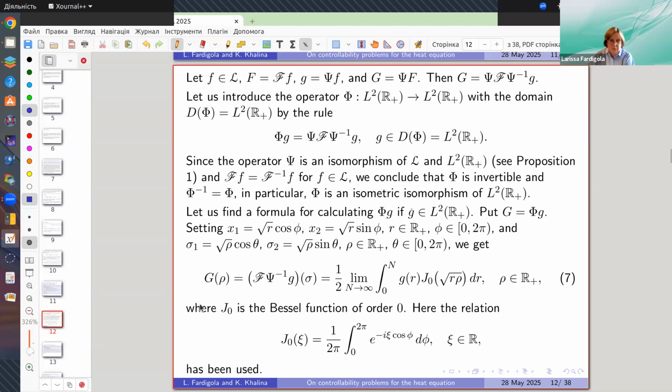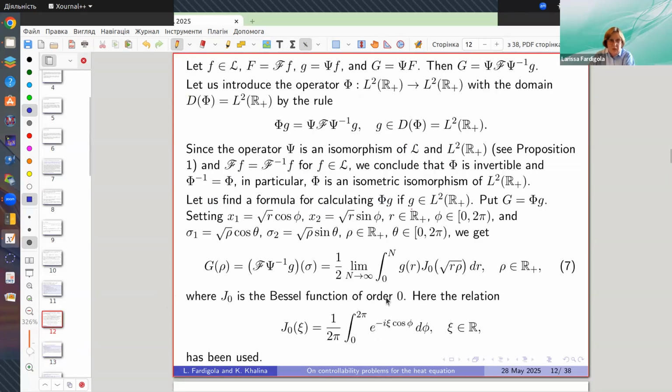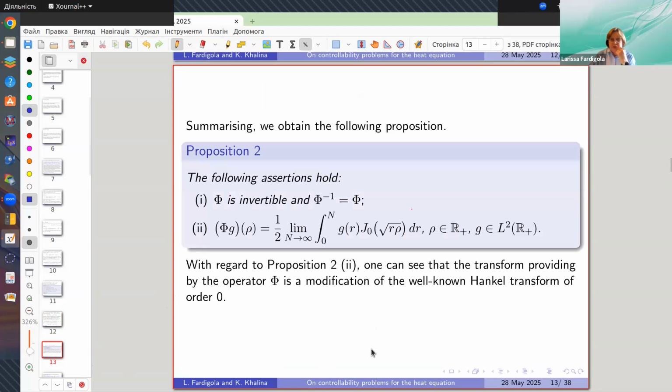And this operator can be represented according to the following formula, where J0 is the Bessel function of order 0, and we can also see that this transform is a modification of the well-known Hankel transform of order 0.